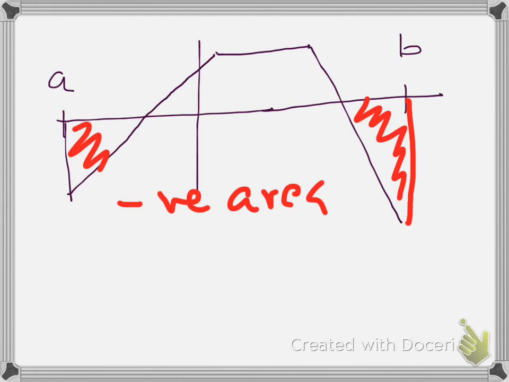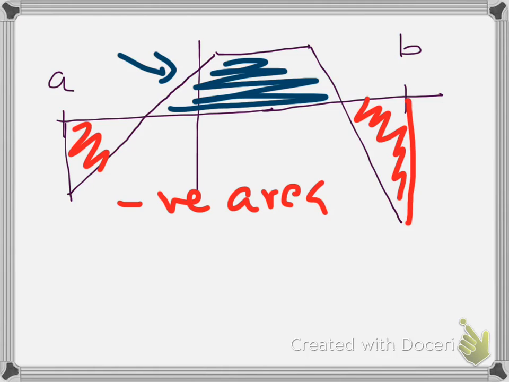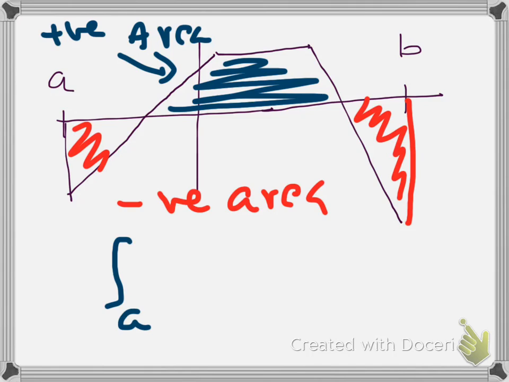And when you're above the x-axis, that's positive area. Okay. So if I was asked to estimate this integral from a to b, I would realize that it would be the blue area minus the red area.